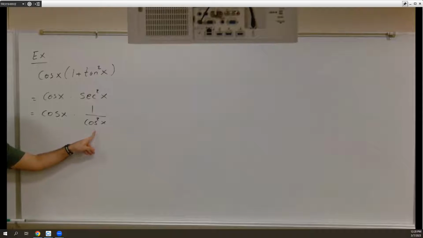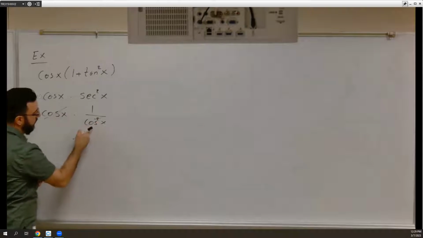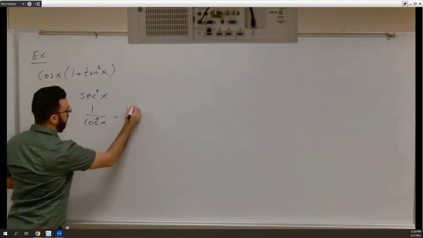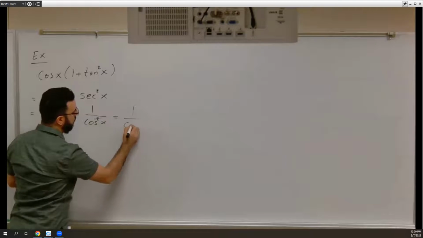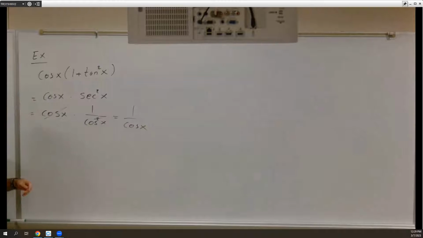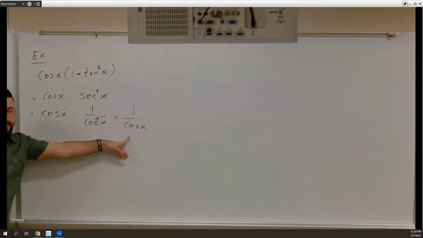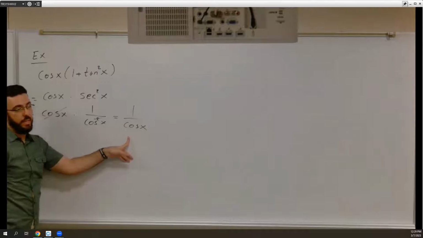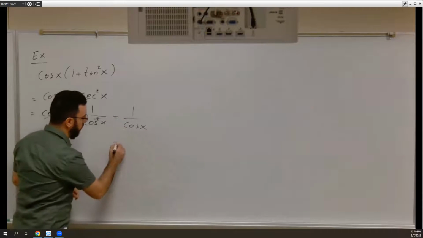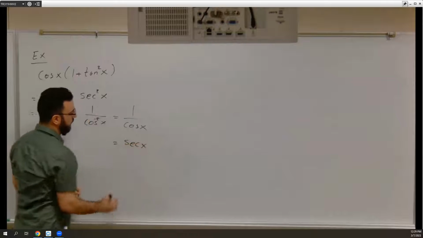Can I cancel one of these cosines with this one? So cancel this one with one of the cosine. So what's the left? 1 over cosine x. 1 over cosine x is what? Secant. So this one equal secant x.